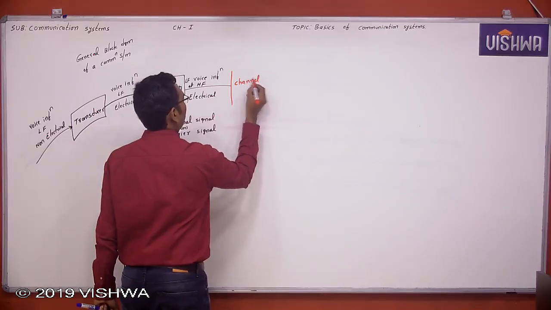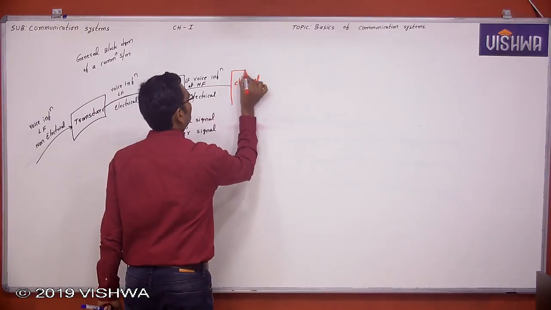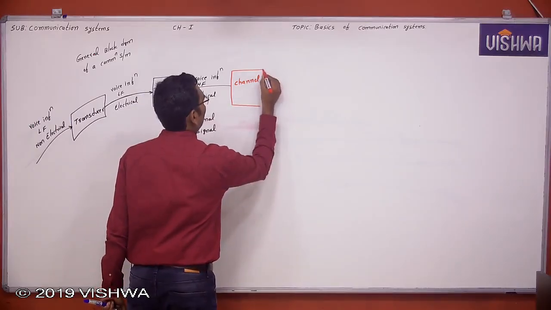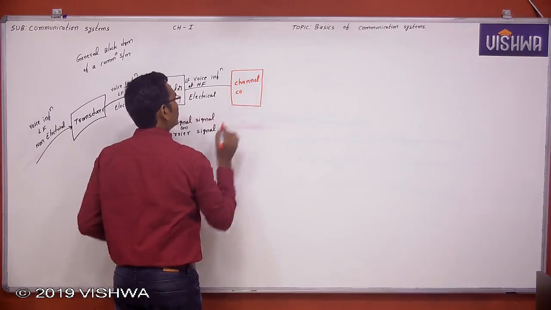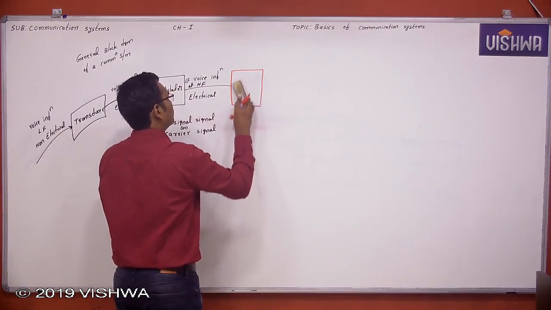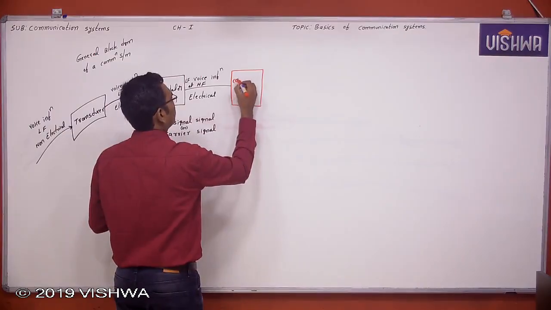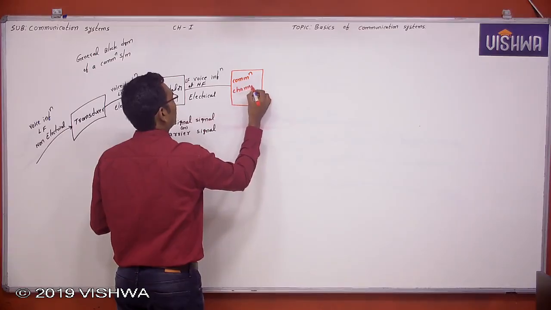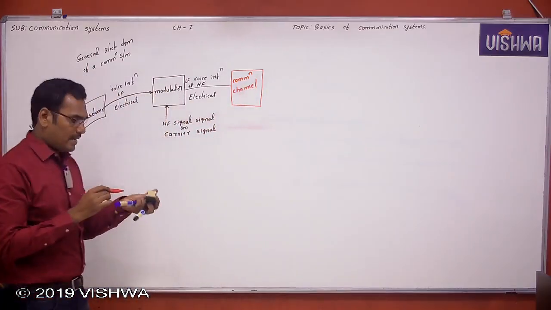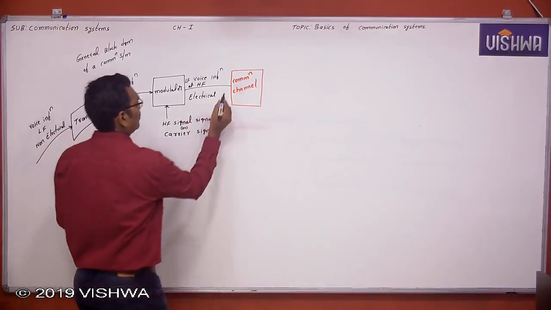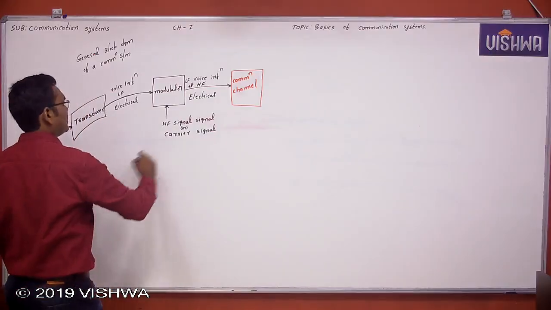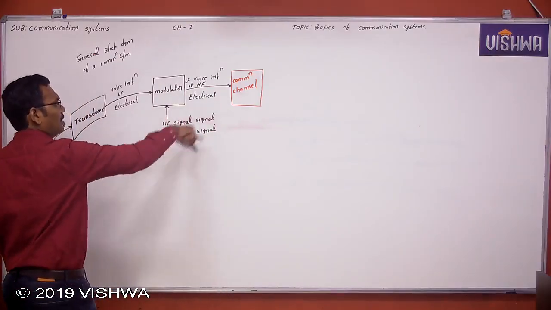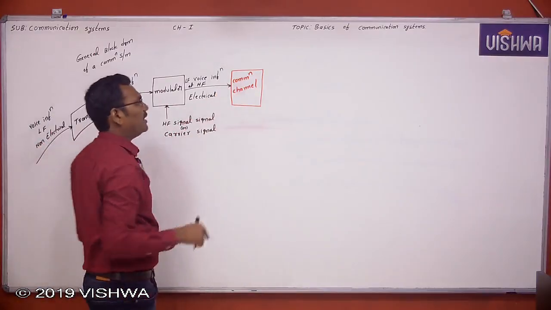This is the communication channel or transmission medium. Now this is the transmitted signal. This portion is the transmission portion, right? This is the transmitter, and it is transmitting through the channel.